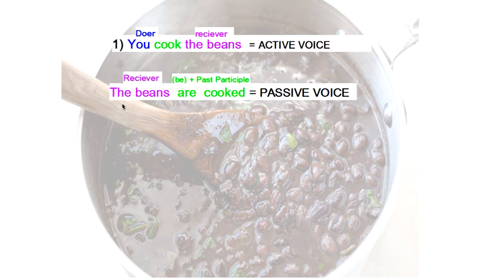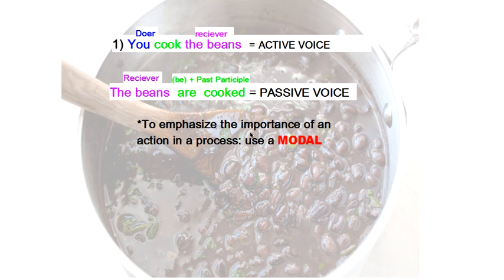So, for example, the beans are cooked. And this is the passive voice because I begin with my receiver, the beans, and then I use my passive voice conjugation. I use be in the plural form and the past participle cooked. The beans are cooked. That's the passive voice. Good. Now, to emphasize the importance of an action in a process, use a modal. So basically, I'm asking, is this action important?